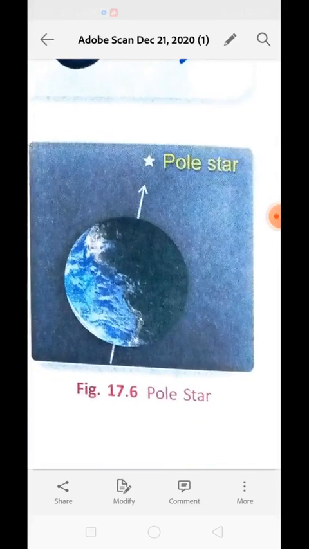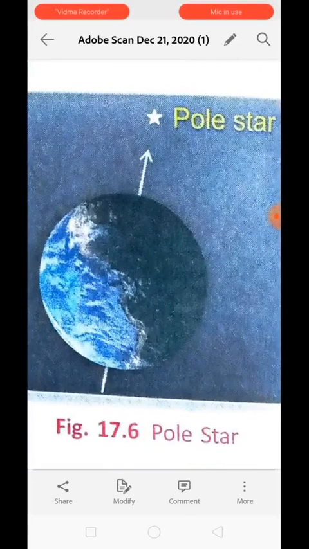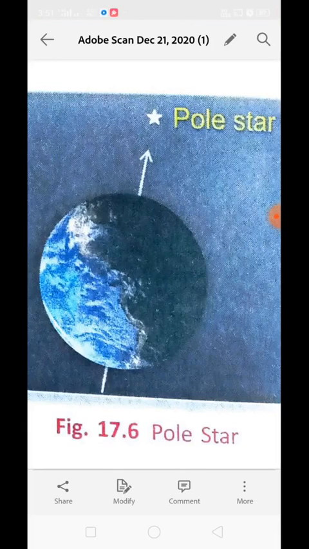Just see, the arrow is showing the axis of rotation of the earth, and the pole star is present just in the straight line of the axis. So whenever the earth rotates, all the stars appear to be moving except the pole star, just because of its location. All the stars are at rest at their fixed points, but still they appear to be moving because our earth is moving.